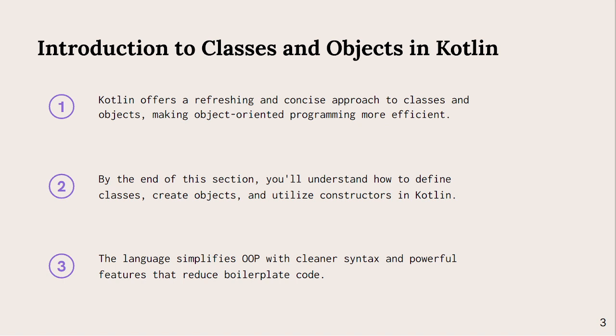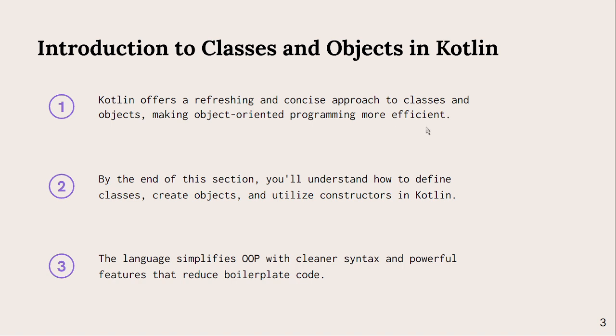So a class is a compile-time entity and an object is a runtime entity. Since we have the data type and the value, the object represents the value. Kotlin offers a refreshing and concise approach to classes and objects, making object-oriented programming more efficient. That's at the syntax level.